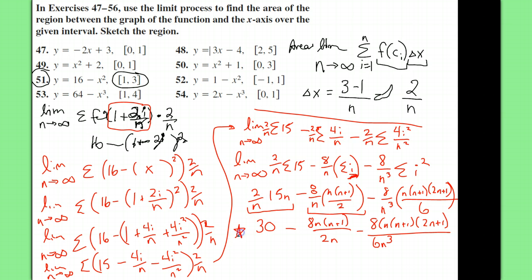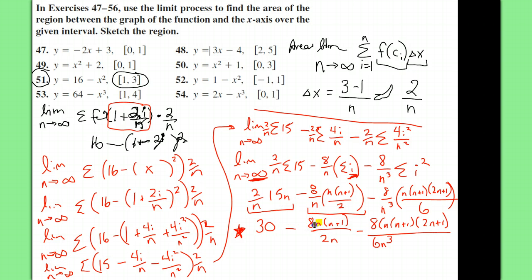Now, right at this point, if you had not done an infinite limit, you could just plug in n. But since we're taking n to infinity, we're going to need to think about what's going to happen here. These are rational functions.